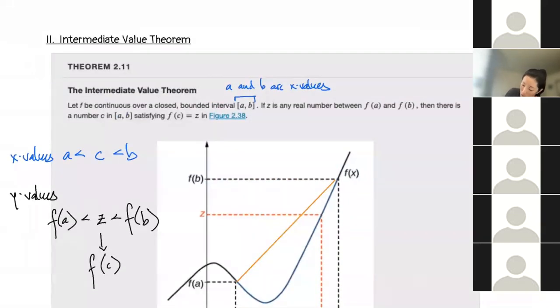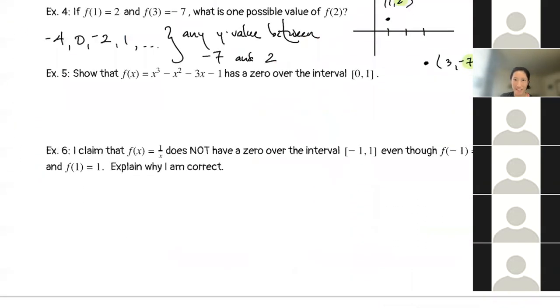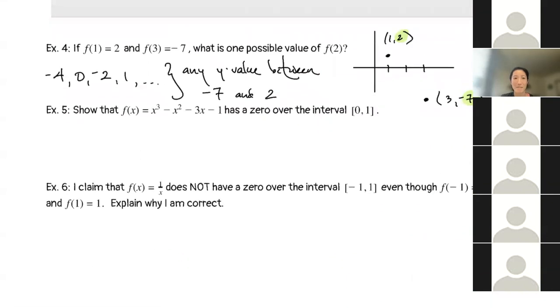You've hit upon a very important point, which is the only thing that needs to be true is that the function has to be continuous from a to b. So the only thing that has to be true is that f is continuous over the given interval. We'll take a look at that in example number 6. Great question. All right, let's take a look at example 5.